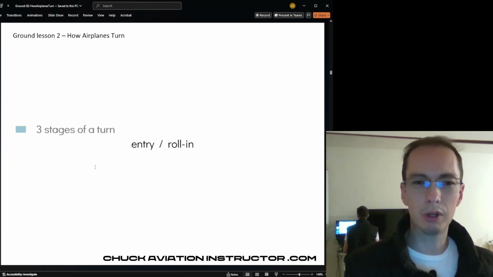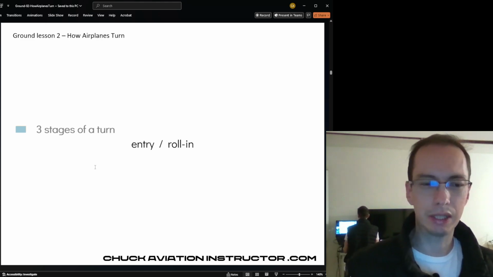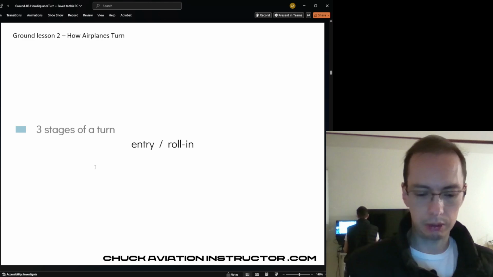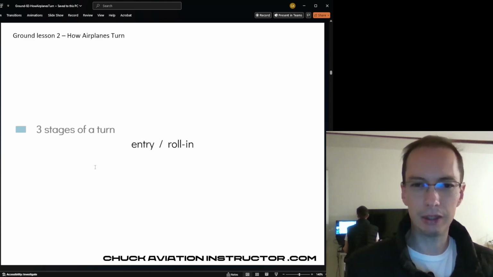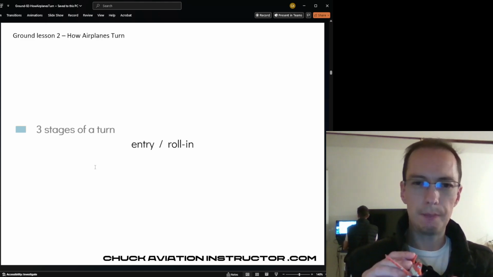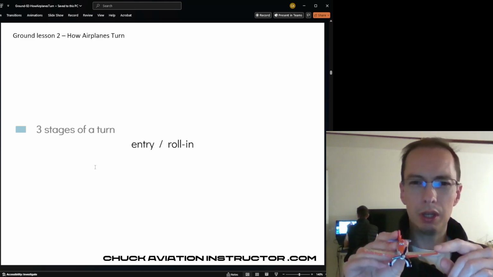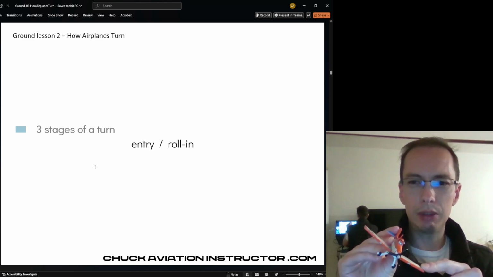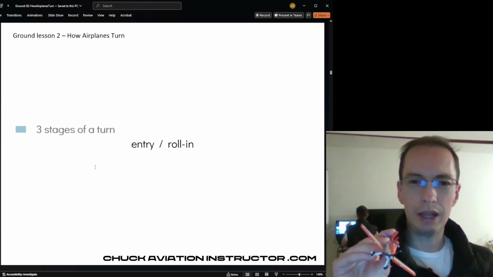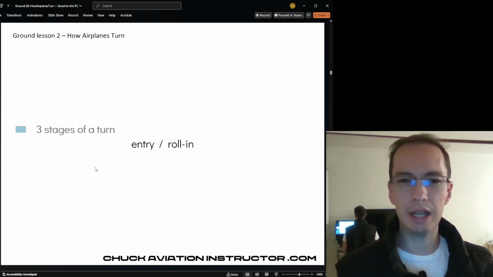I'm going to describe the elevator and the ailerons more when I talk particularly about how flight controls behave during the turn. But just bear with me on this one. The roll in is when you use the ailerons to roll into an angle of bank that will allow the airplane to turn. That's the entry.